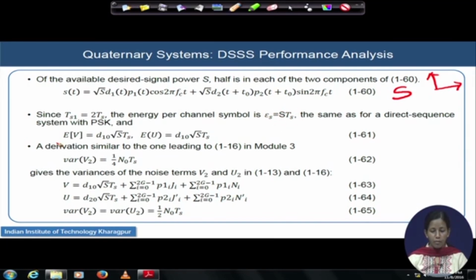And hence for the direct sequence system with PSK, the mean value of this V will be d1 times square root of S into Ts, and the mean value of the other part. So the mean value of V is considered here.